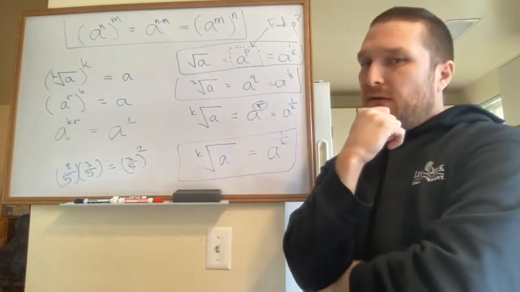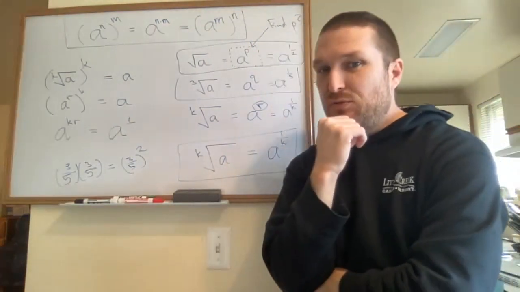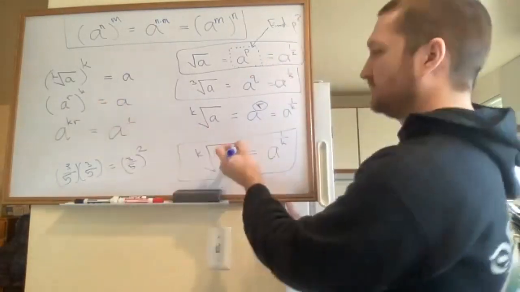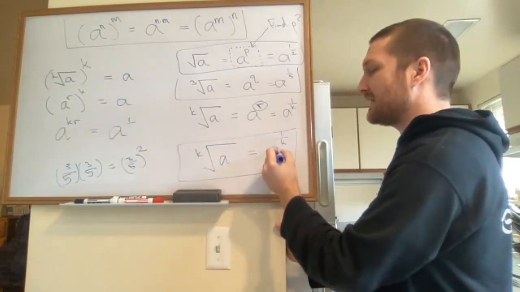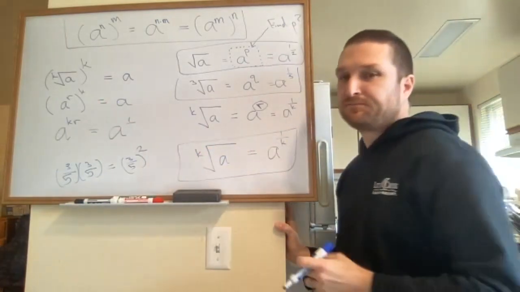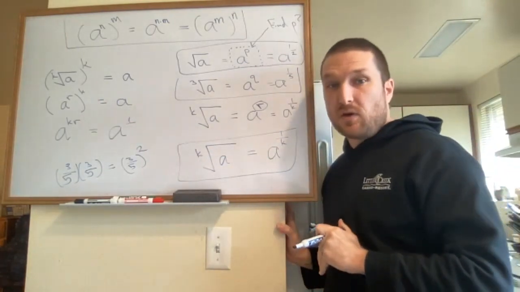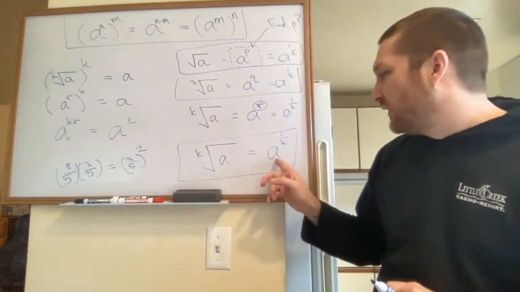And I can tell you, it is sometimes very convenient to be able to take something that's written like this, the kth root of something, and rewrite it as something to a power right here. And that's what this is all about. So this was all really to get this.